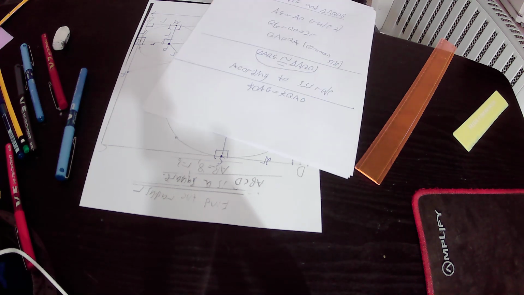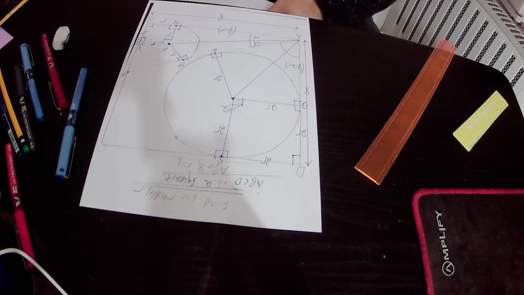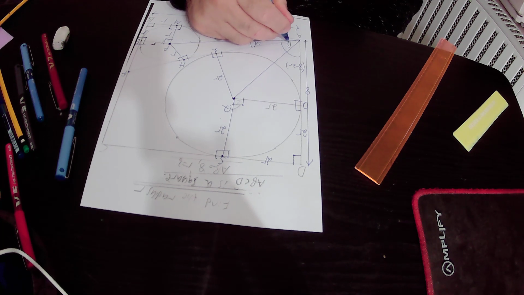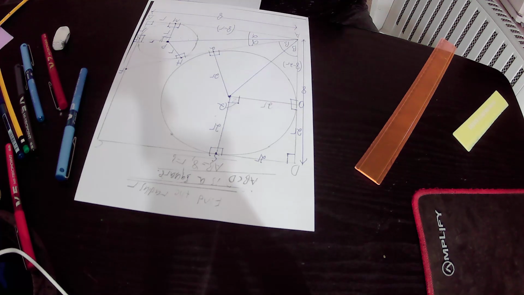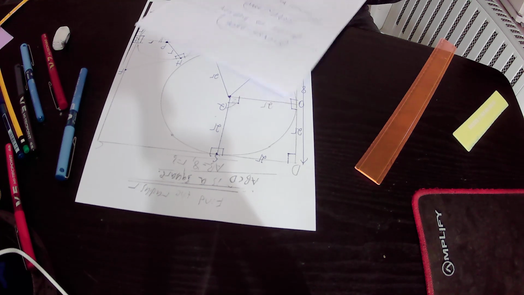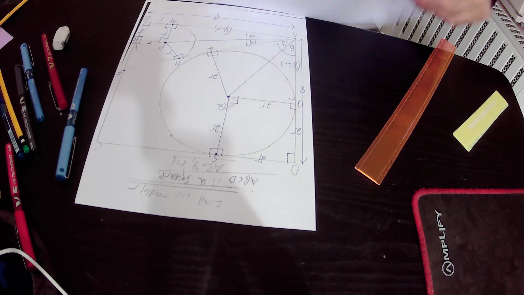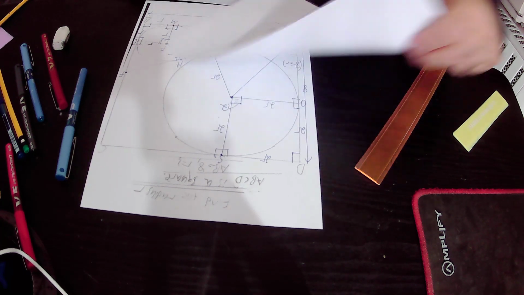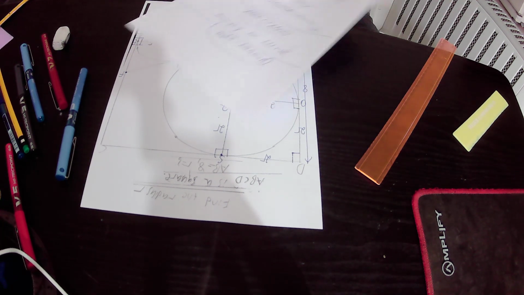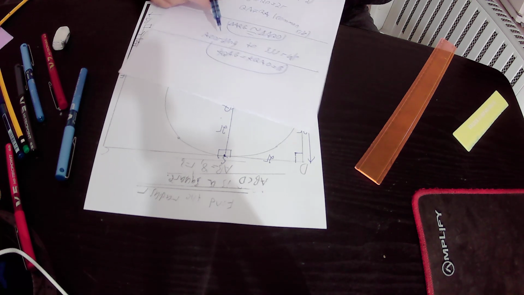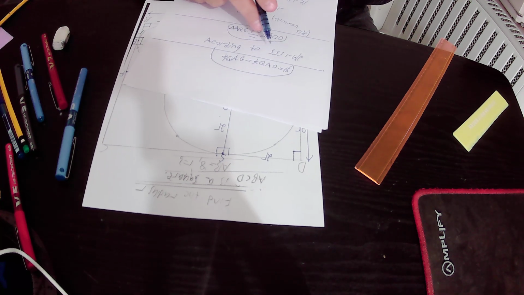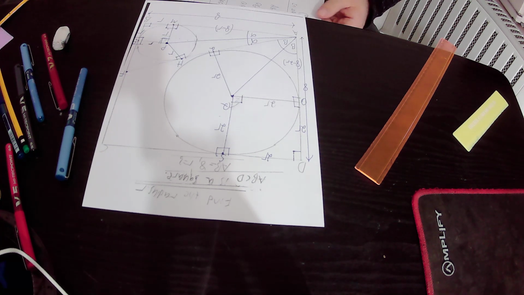If this angle equals beta, then this angle will also equal beta, because those two angles are equal to each other. So angle QAG is equal to angle QAO, and it is equal to beta according to our definition.